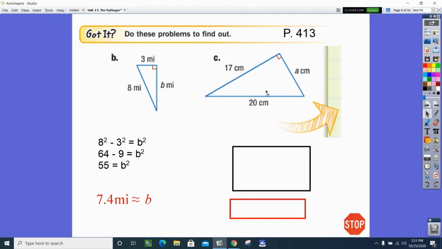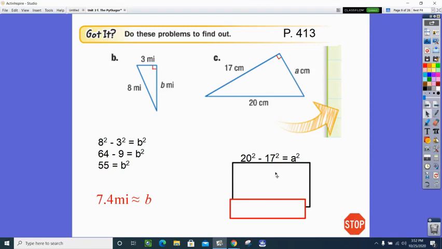Okay, did we get the hypotenuse this time? Trace your right angle. Okay, so we're missing one of the legs. We've been given the hypotenuse. He's opposite the right angle. So he's going to lead the way in a subtraction. 20 squared minus 17 squared equals the missing leg squared.